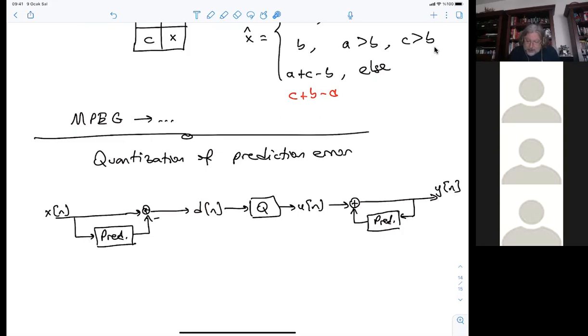You normally want something like this. Whatever this quantization error is, let's say the quantizer error is like u of n is equal to d of n plus a quantization error epsilon of n. This much error is here.